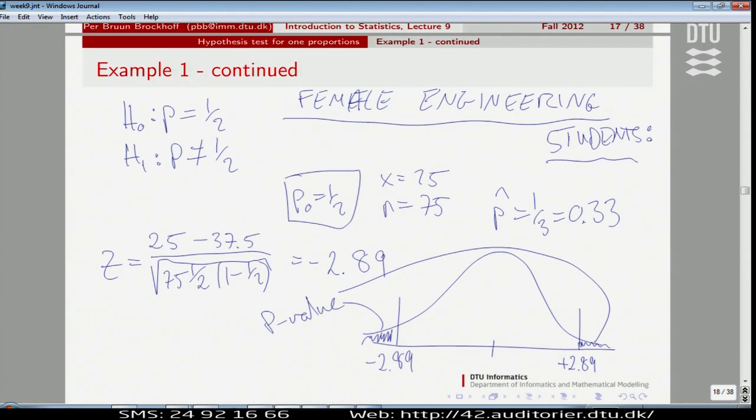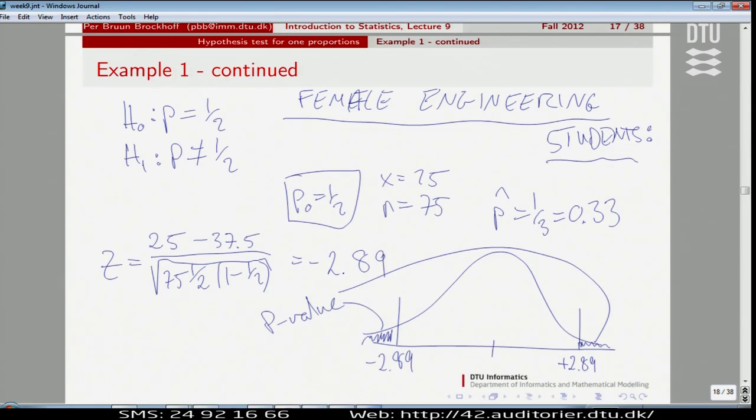That is, how likely or unlikely is 2.89 as a deviation from the center of this distribution? The distribution shows what is a fair expectation that can happen alone due to chance. Is 2.89 fair or unfair, likely or unlikely? We need to find this probability to say whether it is extreme or not.